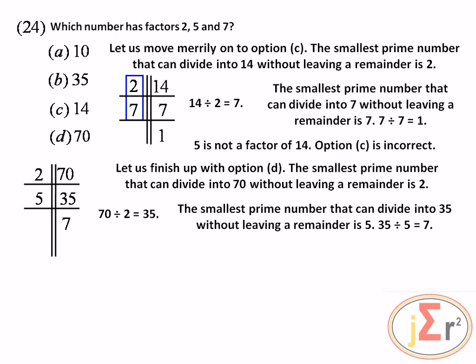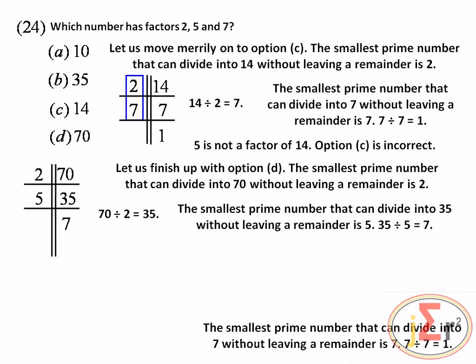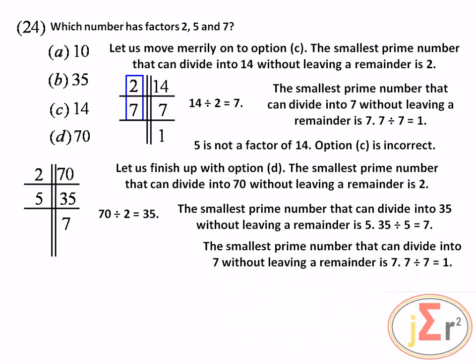So Jerry, if you do not get 100%, the exam is not fair. The smallest prime number that can divide into 7 without leaving a remainder is 7. 7 divided by 7 is equal to 1. And what do we know? We have exhausted this particular table.